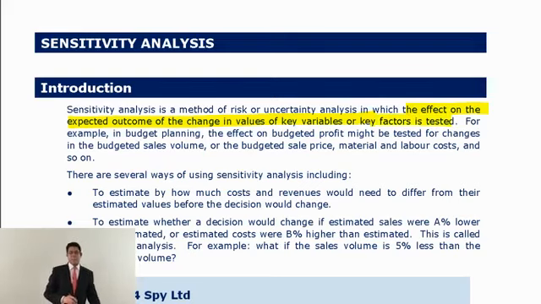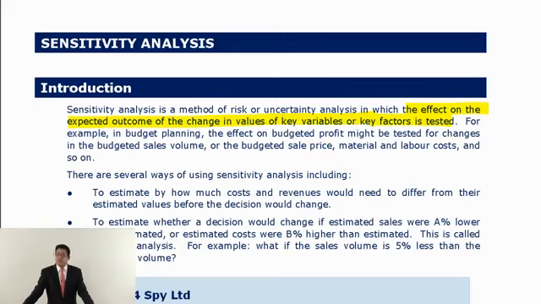Meaning, we compare one variable with another: if one variable changes, how much is the impact on the other variable? If the impact is too much, it makes it too risky, that a slight change in one factor may change another factor so much that our decision may not be viable anymore.